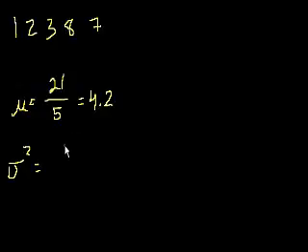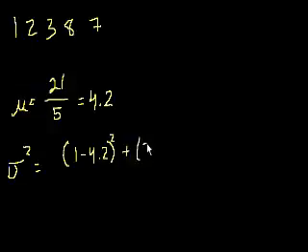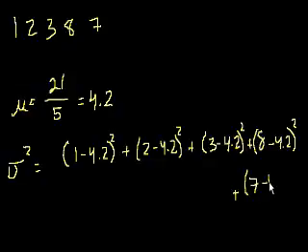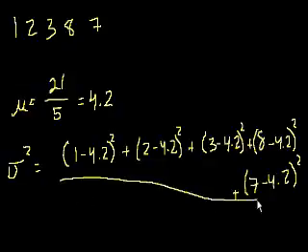So it's going to be 1 minus 4.2 squared plus 2 minus 4.2 squared plus 3 minus 4.2 squared plus 8 minus 4.2 squared plus 7 minus 4.2 squared, all of that divided by the number of data points we have, divided by 5.